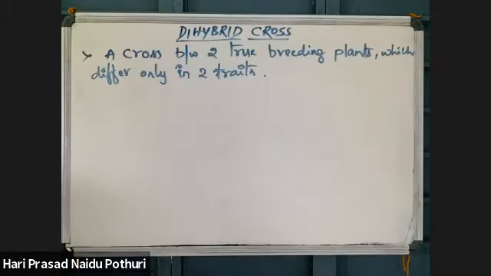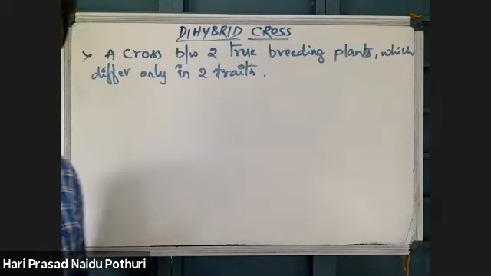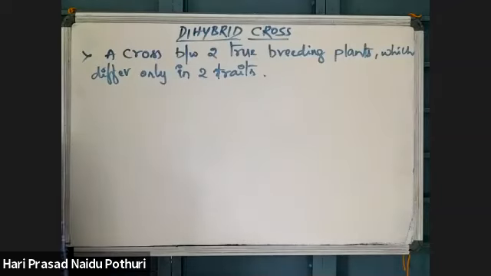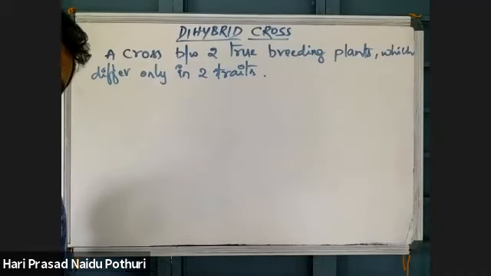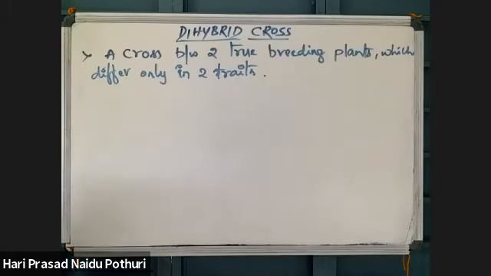Total 7 traits of pea plant are there, you know. What are those 7 traits? Height of the stem is one. Then position of the flower, flower color, flower shape, sorry, pod shape, pod color, seed shape, seed color. 7 characters are there, right?